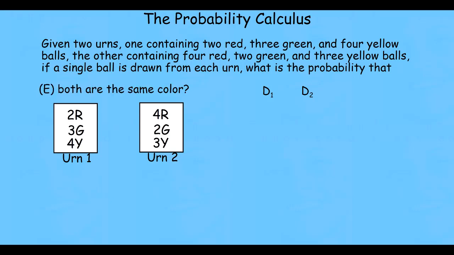Suppose I want to compute the probability that I draw a ball from each urn and both of those balls are the same color. So now I think about this and I go, okay, well, if I draw a red on the first and a red on the second, they're both the same color. That's a favorable outcome.